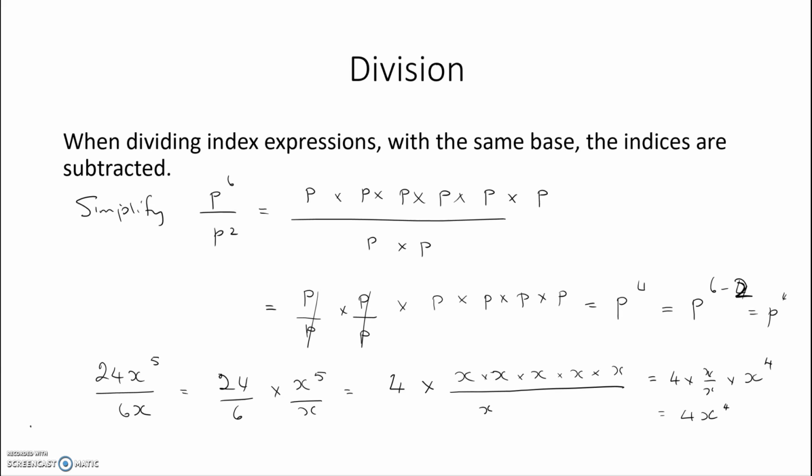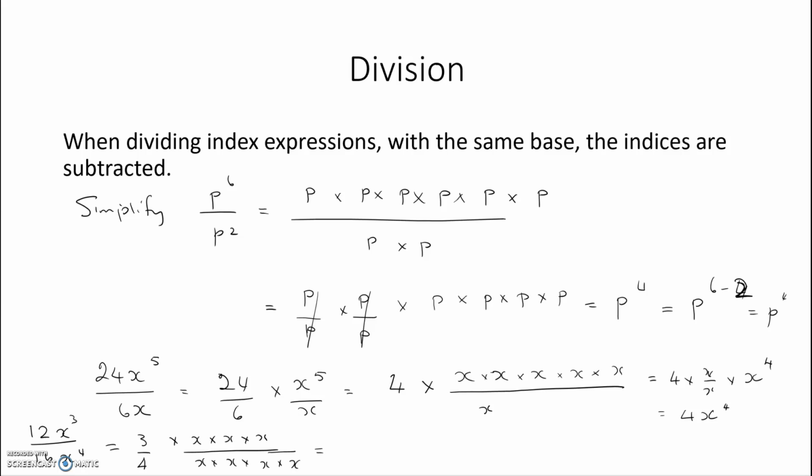Slightly trickier one would be where we've got 12x cubed over 16x to the 4. Okay, 12 over 16 we can rewrite as 3 over 4 times x times x times x over x times x times x times x.